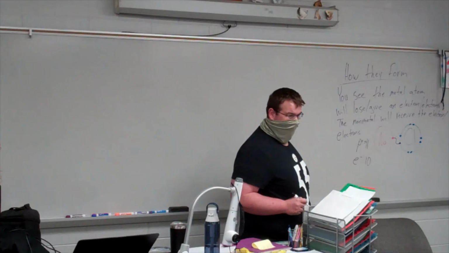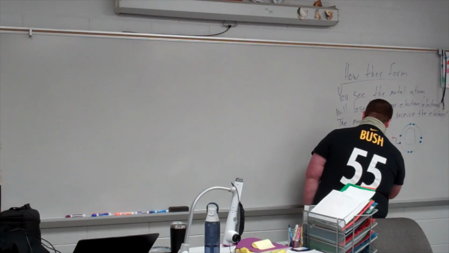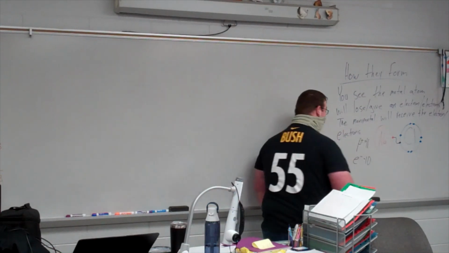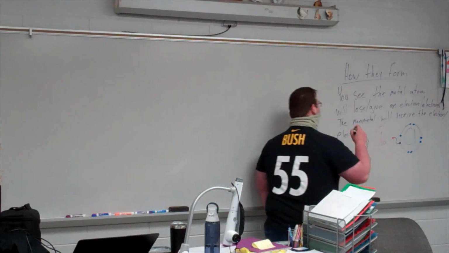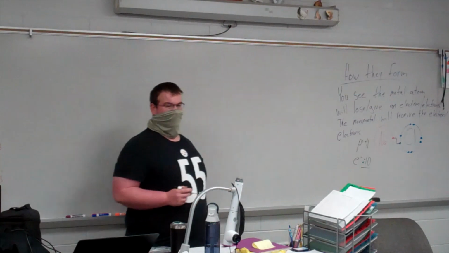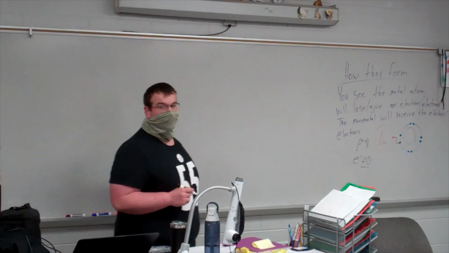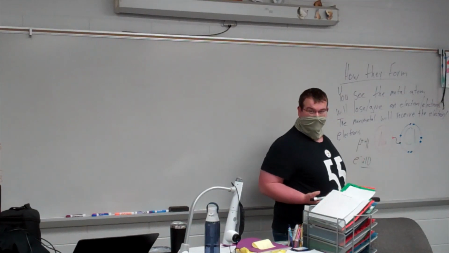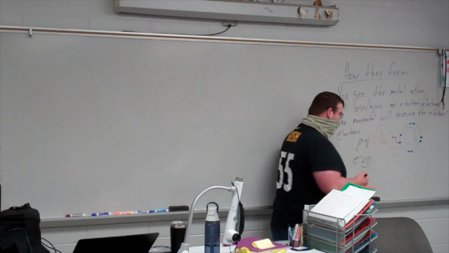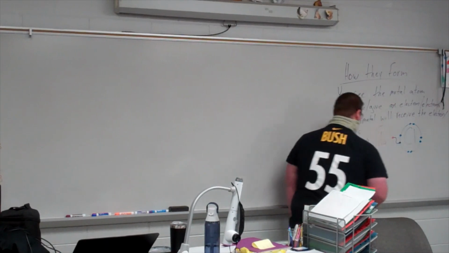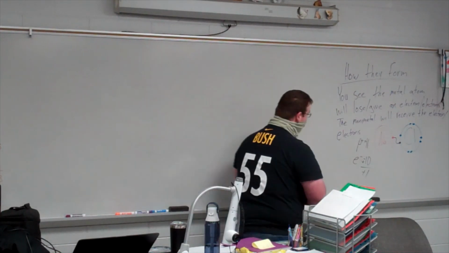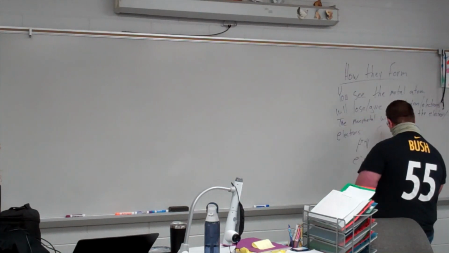Protons are positive. You got 10 electrons. Electrons are negative, so negative 10. Add this up. Positive 11 plus negative 10 gives you positive 1. So when you look at this, this is why the sodium has this positive charge with it.